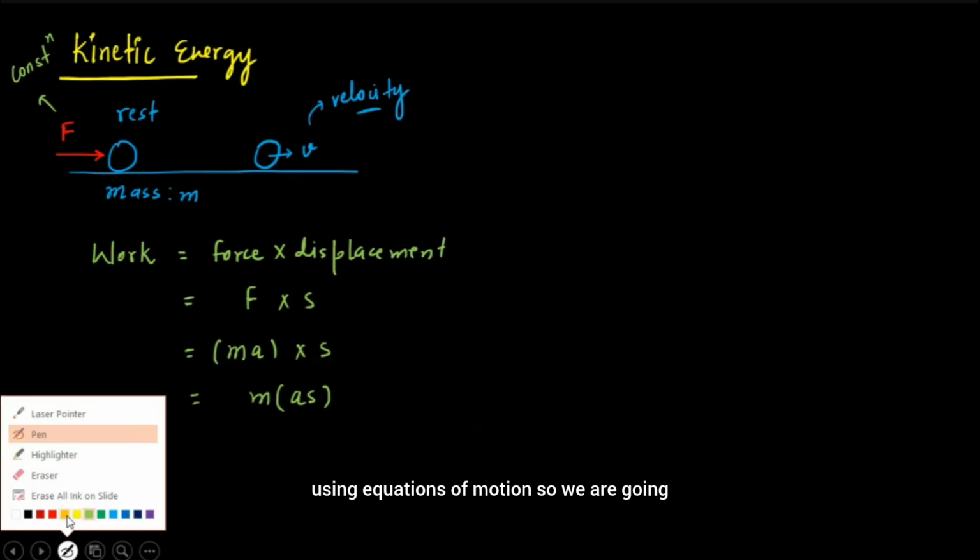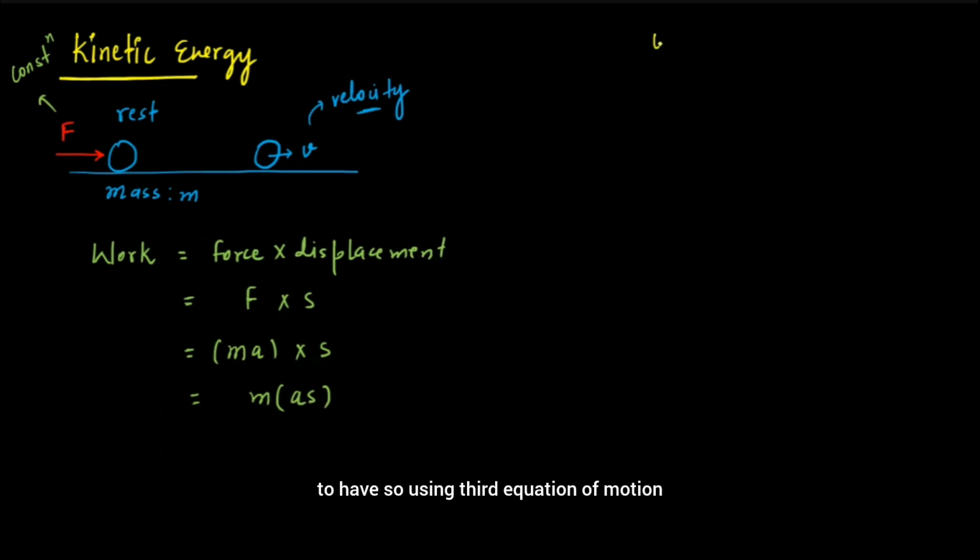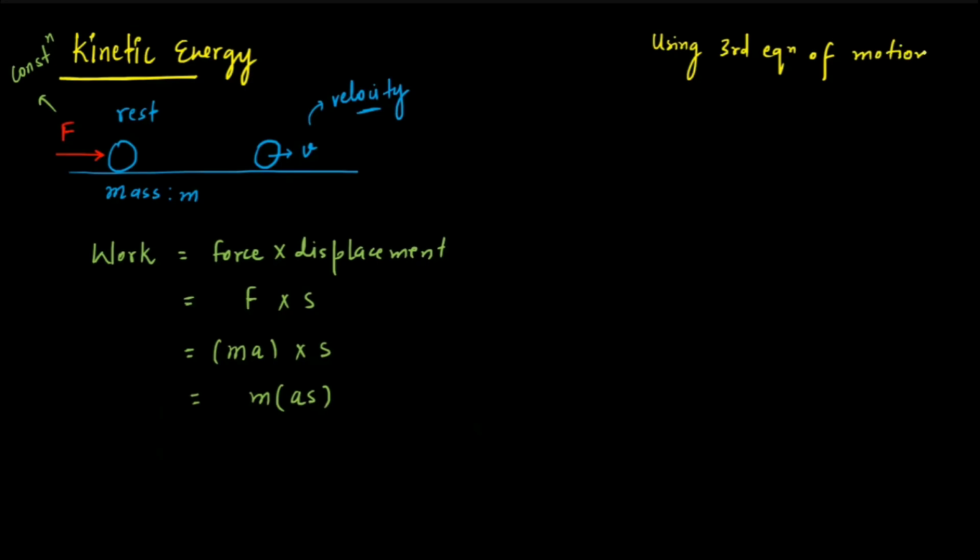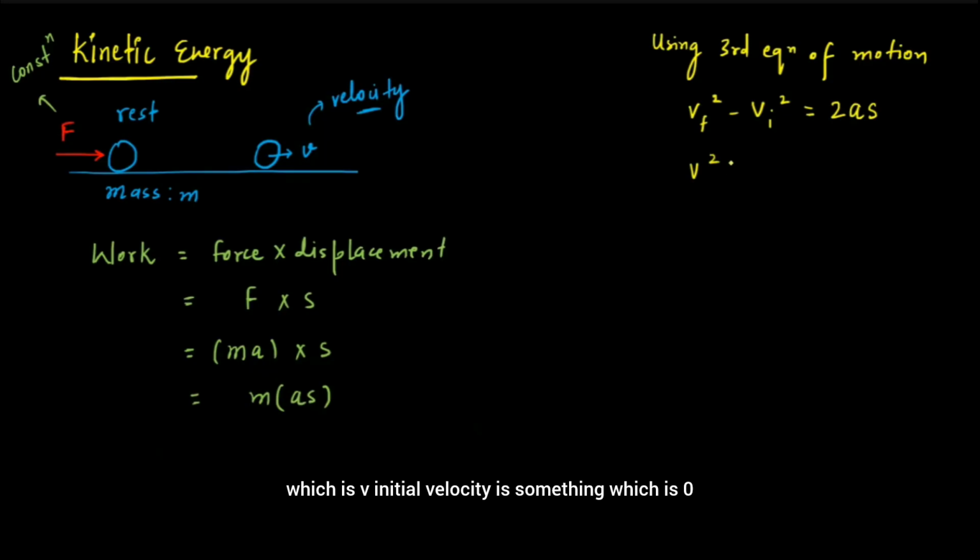Using the third equation of motion, final velocity square minus initial velocity square must be equal to 2 times acceleration times displacement. Final velocity is v, initial velocity is 0. So v square equals 2 times a times s.